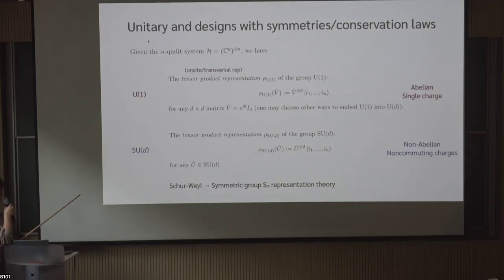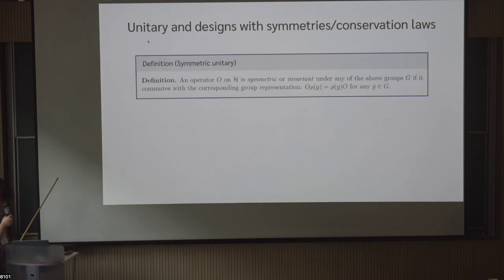And for this case, it's very natural to expect that the Schur-Weyl duality will give us a connection to the symmetric group representation theory that will be heavily useful in the analysis. Okay, then for this case, the definition of symmetric unitary is just given by this covariance property with respect to the representation that we are considering about these groups.